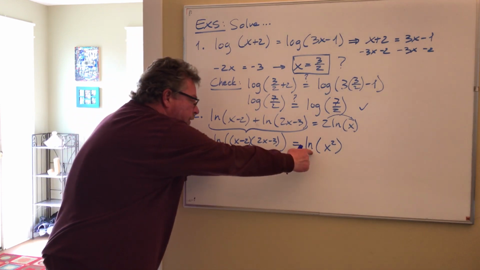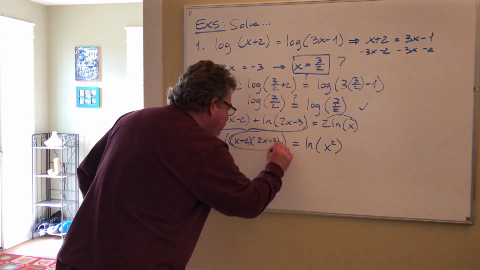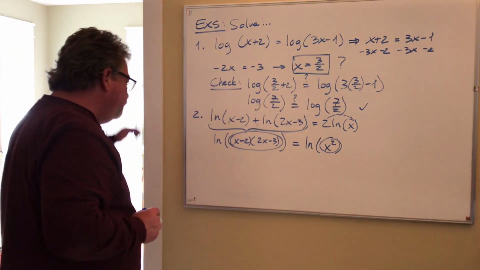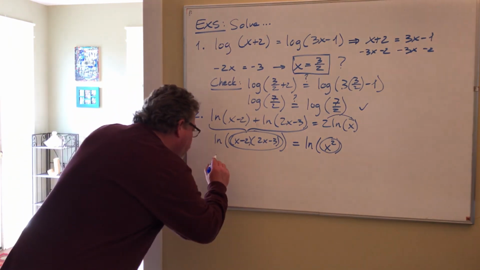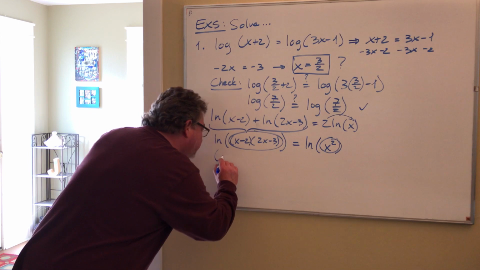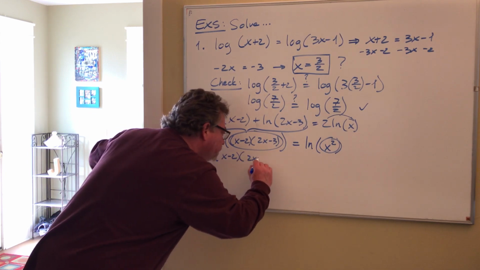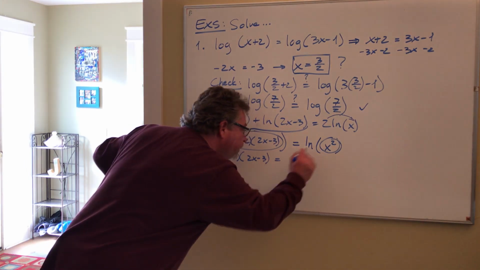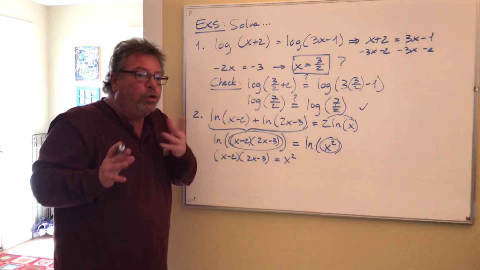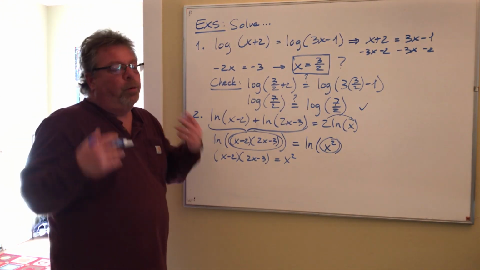The bases are the same, and so I can now argue that stuff 1 is equal to stuff 2. So that lets me leave the logarithms behind and write this as x minus 2 times 2x minus 3 is equal to x squared.